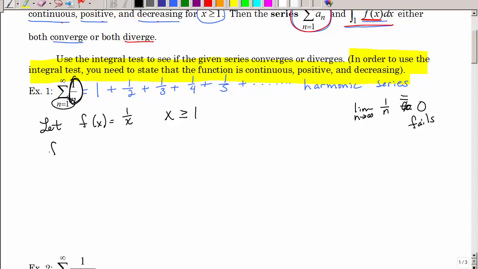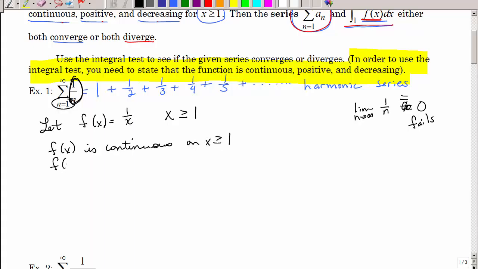Well, we have to say that f of x is continuous as long as x is greater than or equal to 1. That's pretty obvious. We should know what that graph looks like. It only has a vertical asymptote. Remember, we only get a vertical asymptote when the denominator is 0, or when that function is undefined at 0, and that's not in our interval.